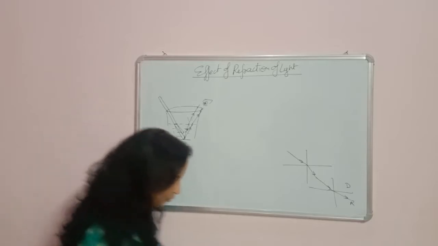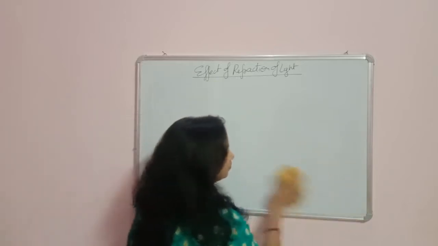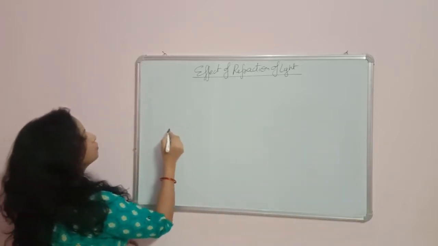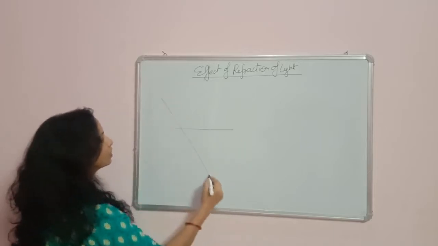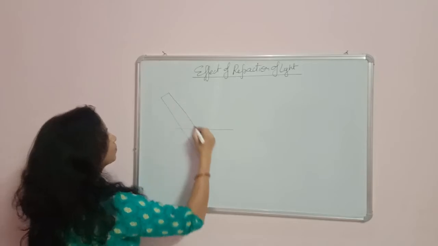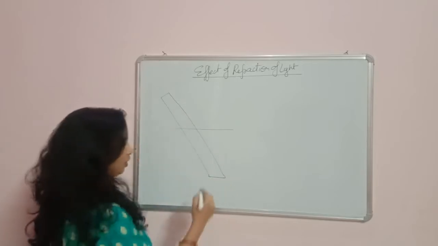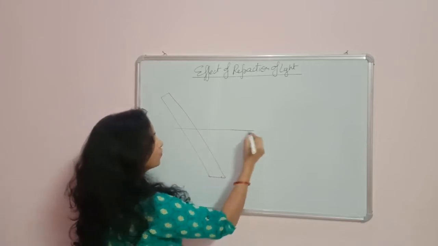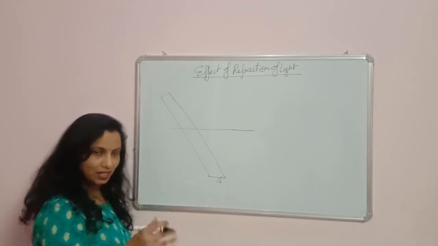I am going to explain it with a larger figure. Suppose this is the water surface and we place a stick in it like this. Okay, this is the stick. Now what happens? Suppose this is the tip of the stick.